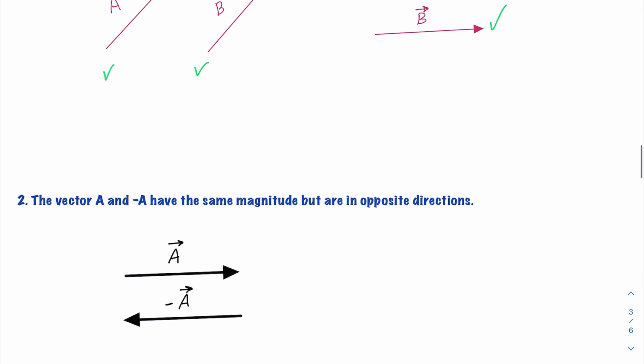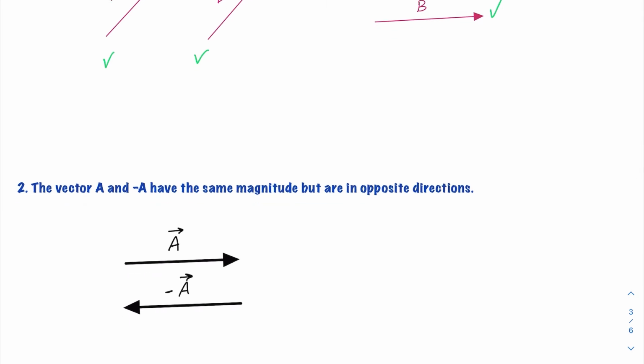There is another property, property number 2. Vector A and vector minus A have the same magnitude but are in opposite direction. So if we have vector A and we multiply it by minus, this minus changes the direction of the vector to the opposite direction.